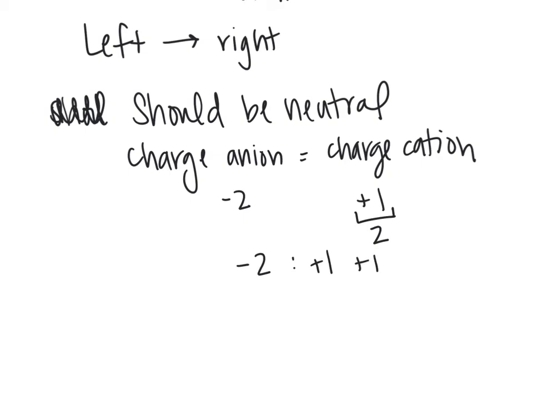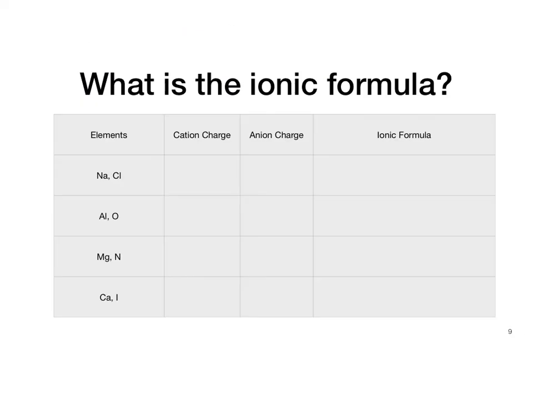That's what we're going to see when we start to make these compounds. If we look at this table, we have elements on the left side, and then we're going to think about what the cation and anion charges are, and then create the ionic formula. If we look at our periodic table, we can see that sodium wants to be Na+.